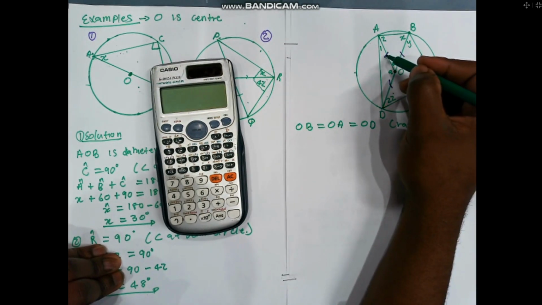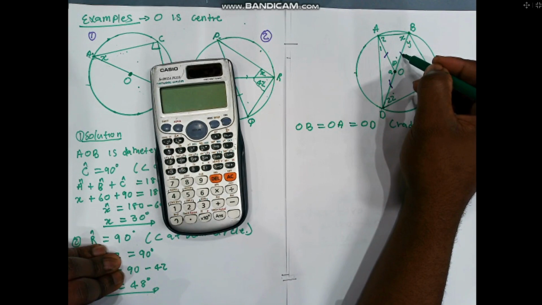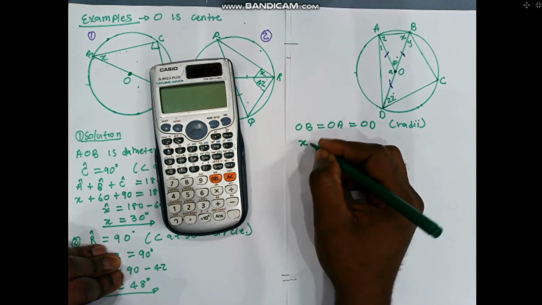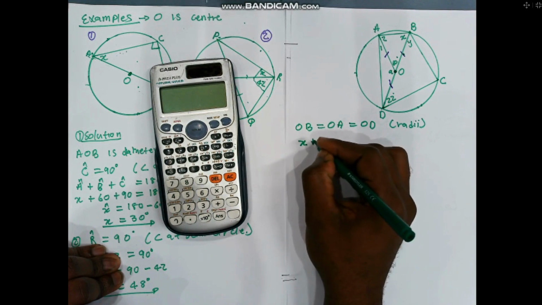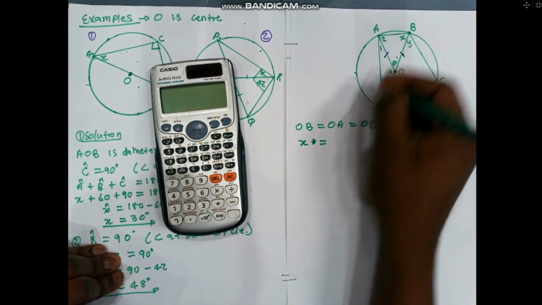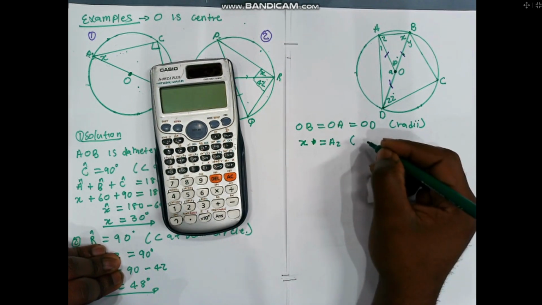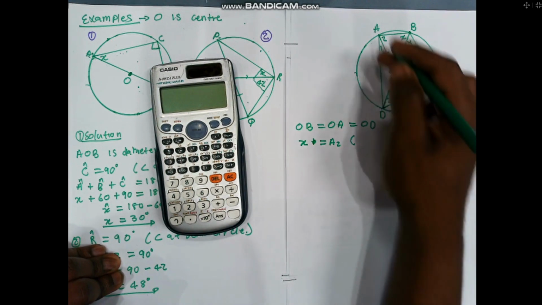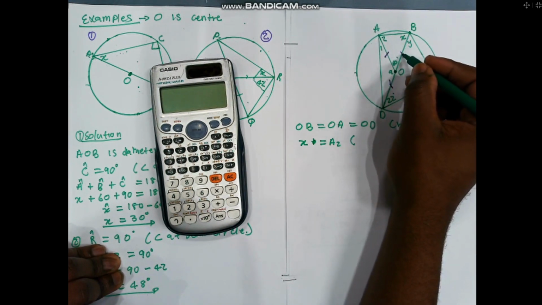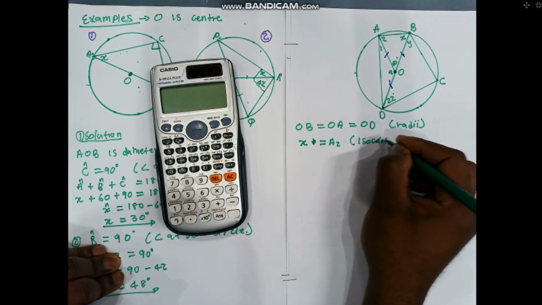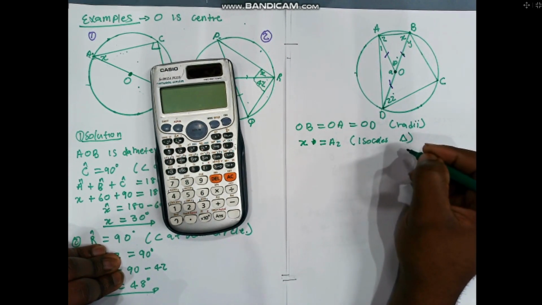So if this is equal to this from theorem number 1, this means x is equal to A2, because this is just an isosceles triangle, this one equals this one, so it's an isosceles triangle.